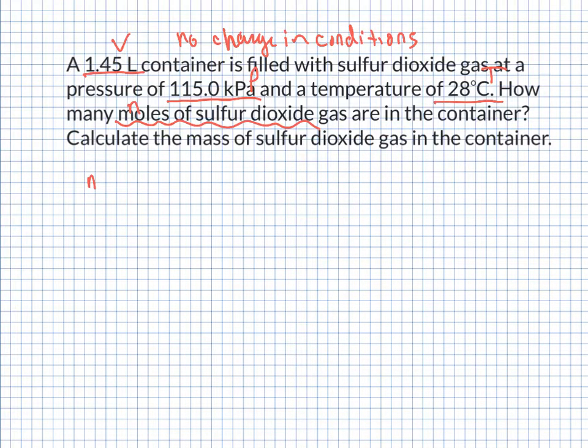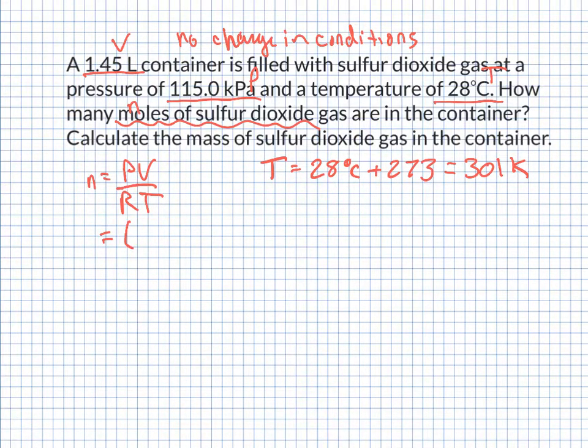So that formula was PV over RT. And just like every other time, we have to adjust our T. So 28 degrees Celsius plus 273 gives us 301 Kelvin. So we can plug these values in. I'm going to tell you how to do it in your calculator at the same time.